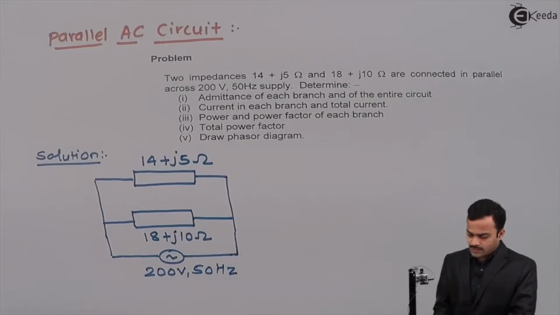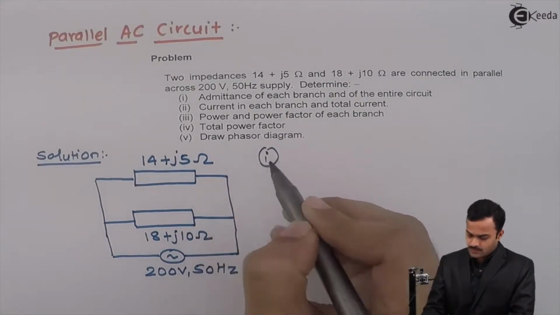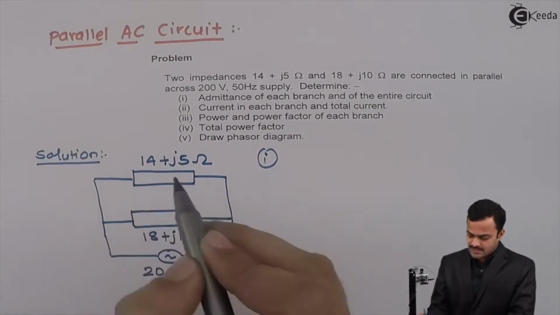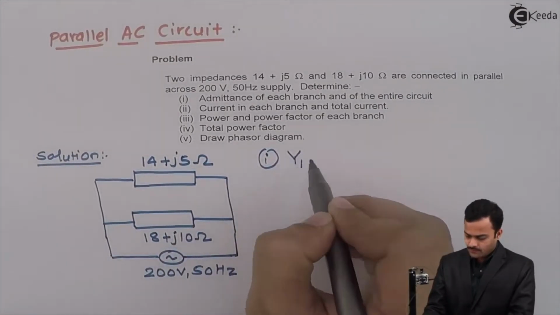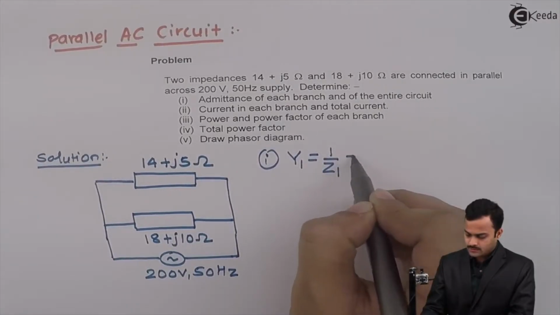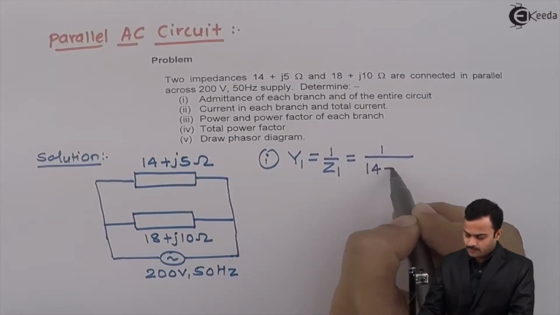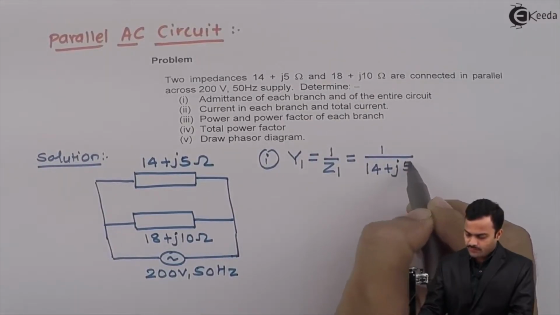So let's calculate the first part, admittance. Admittance of first branch Y1 equals 1 upon Z1, which is equal to 1 upon 14 plus j5.